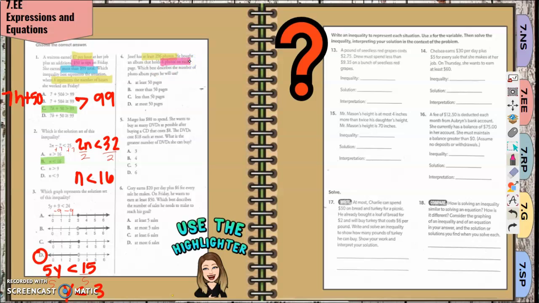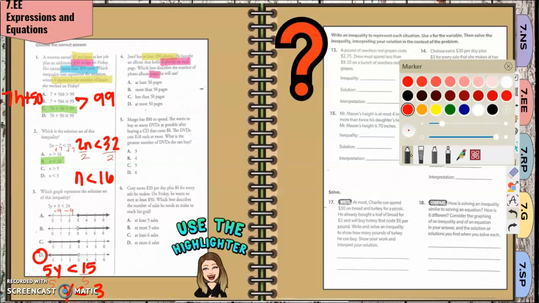Which best describes the number of photo album pages he will use? So there is no constant that goes on the side with the variable. The only thing we have on that side with the variable is going to be the 6 photos per page. And we're looking for how many pages there are.